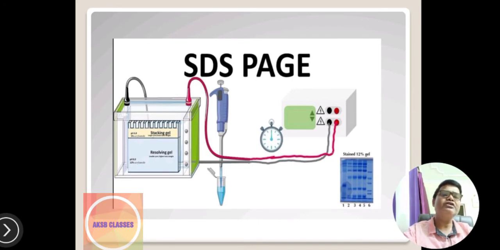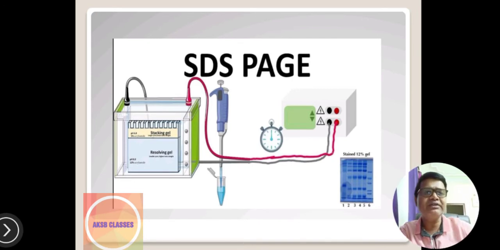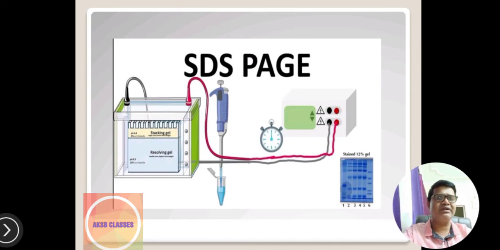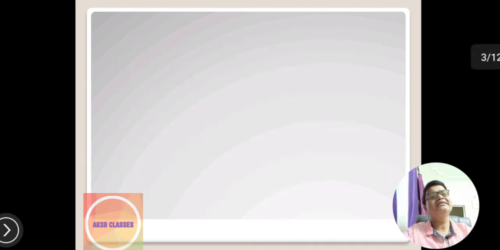Then we can also use software to find out the size of the protein in kilodalton. So this is the whole story about SDS-PAGE, through which we find the size and molecular weight of any unknown protein sample with a reference sample in the polyacrylamide gel.